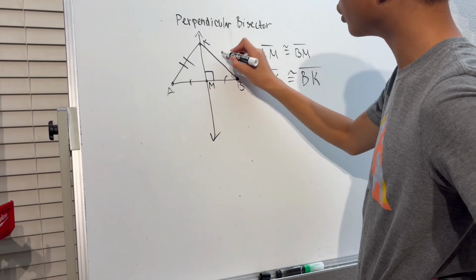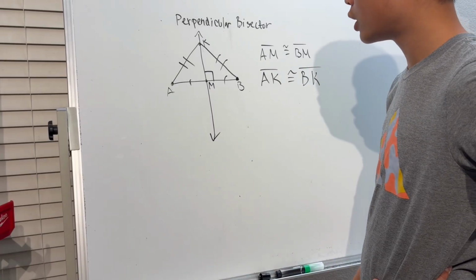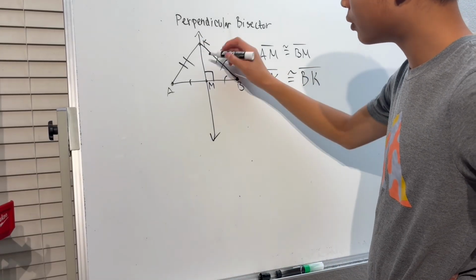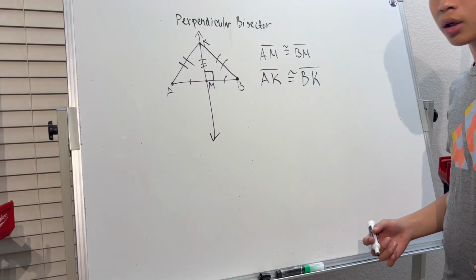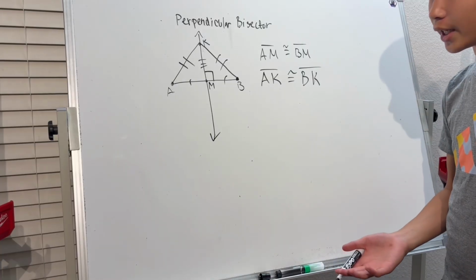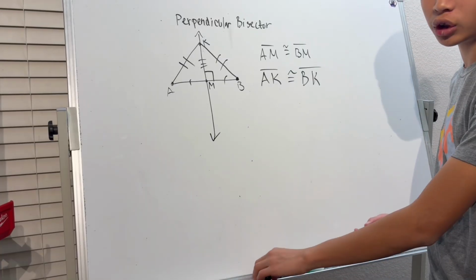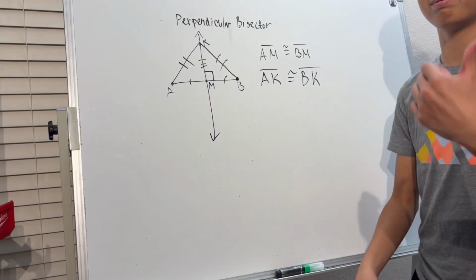So these are congruent and form a triangle. And this line right here is congruent as well, using the reflexive property because it shares the same side. So you get the SSS postulate. These two triangles are congruent.